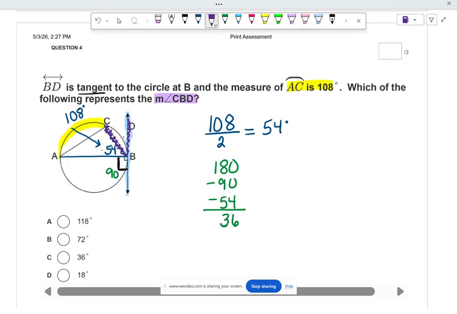So the measure of angle CBD is 36 degrees. Well, that almost looks like a 360. Let me make that look better so you're not confused.